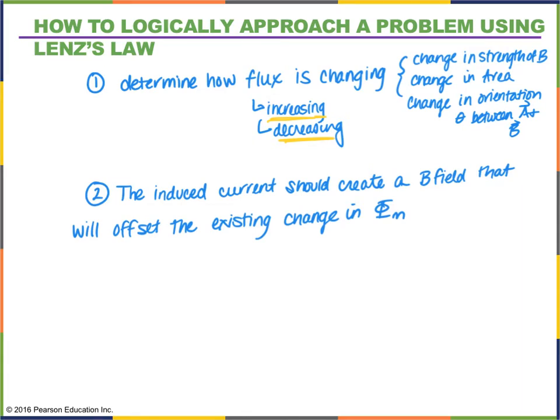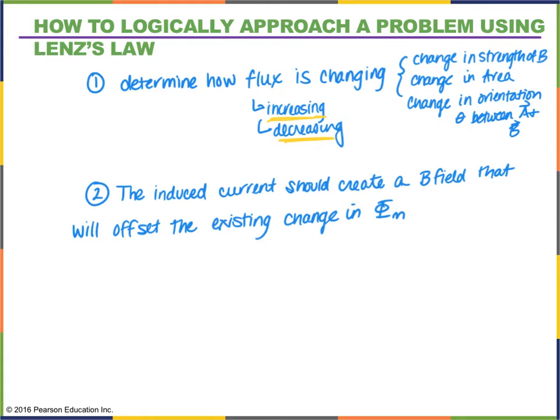So, for instance, if your flux is increasing, whatever reason there is for it, you want to create a magnetic field that will tend to work against the existing magnetic field to sort of offset that increasing.